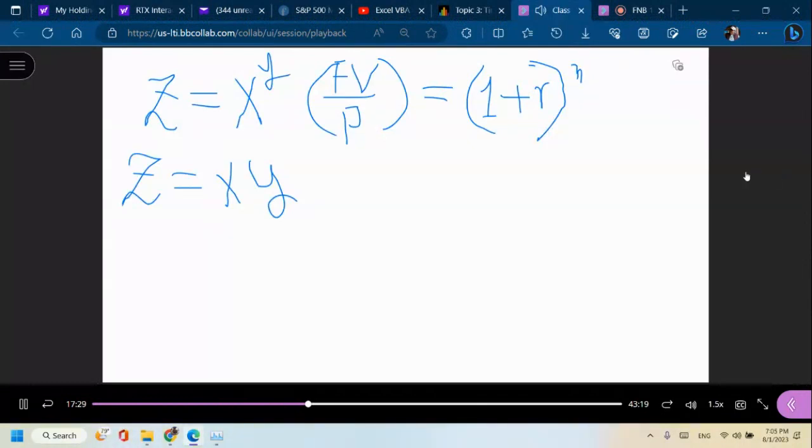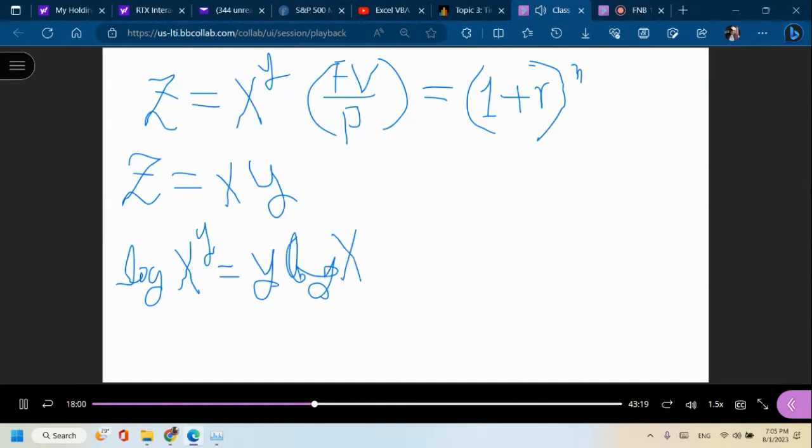But then we also learned that if you take log of x raised to y, then it can be rewritten as y times log of x, right? So we found that we can convert this power function structure into an x times y structure, right?